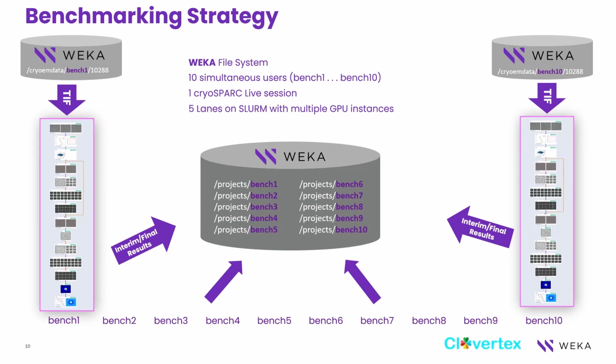So as you can see, each vertical line indicates one workflow end-to-end from the TIFF ingestion all the way to model generation. And we had 10 of these, and on top of that, we also have a live session that was ingesting the data.